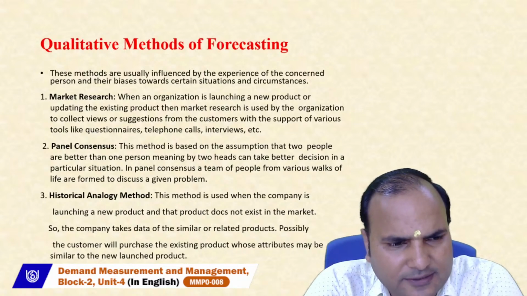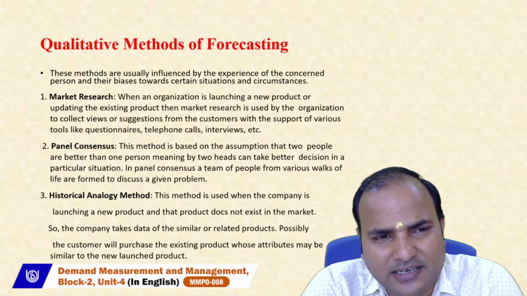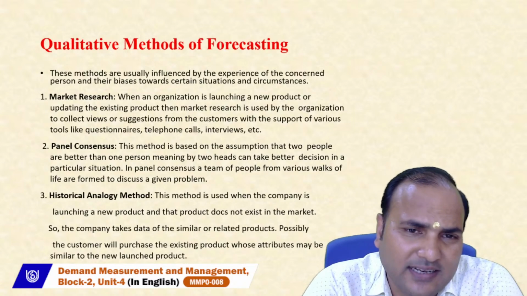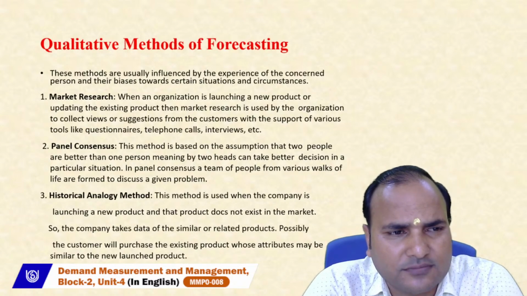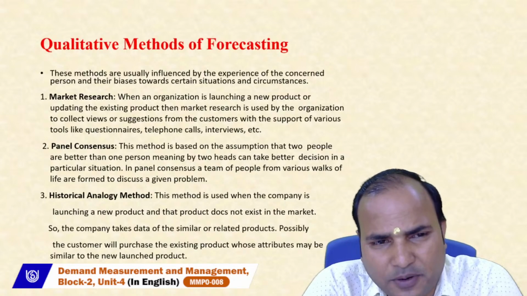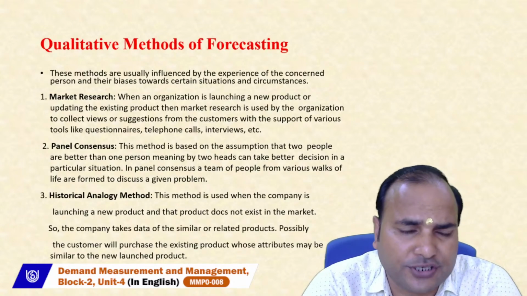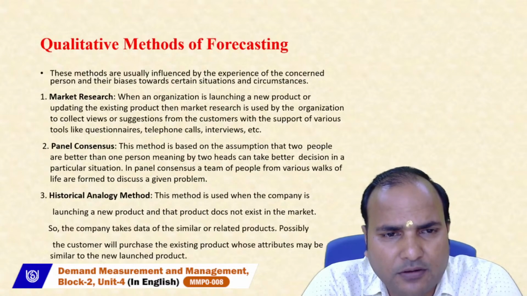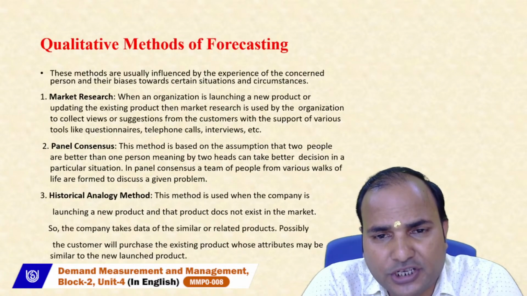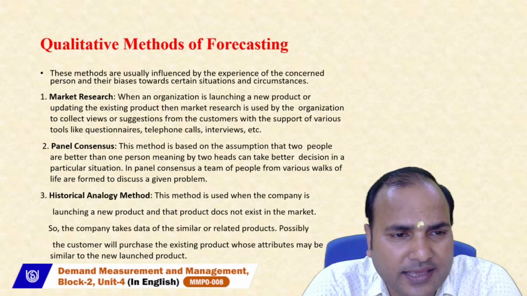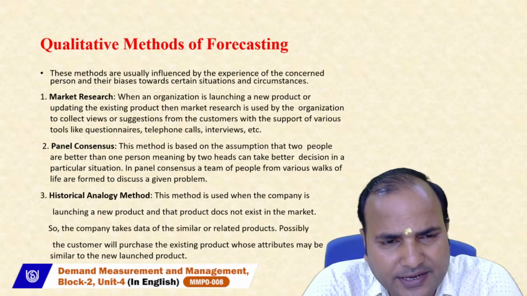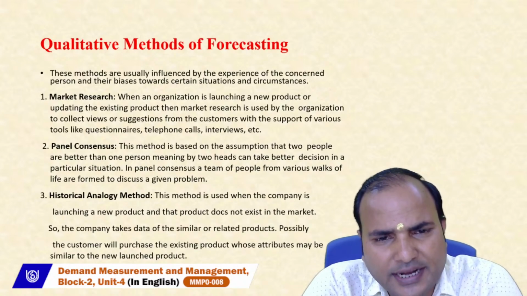In market research, when an organization is launching a new product or updating an existing product, market research is used to collect views or suggestions from customers with the support of various tools like questionnaires, telephone calls, interviews, etc.